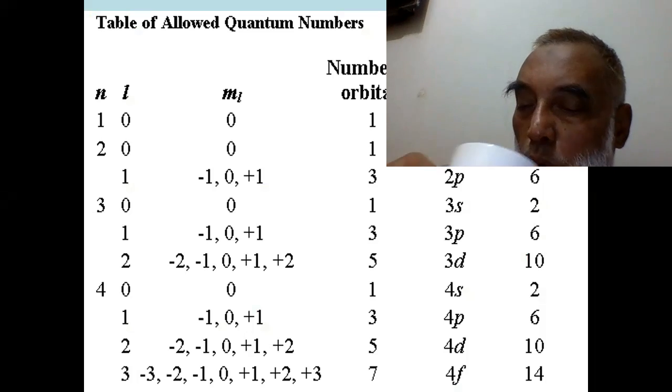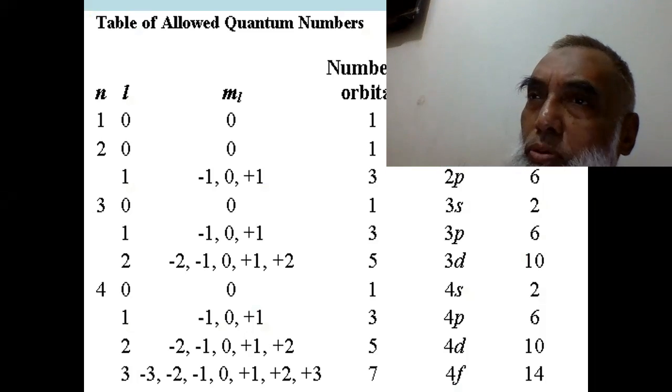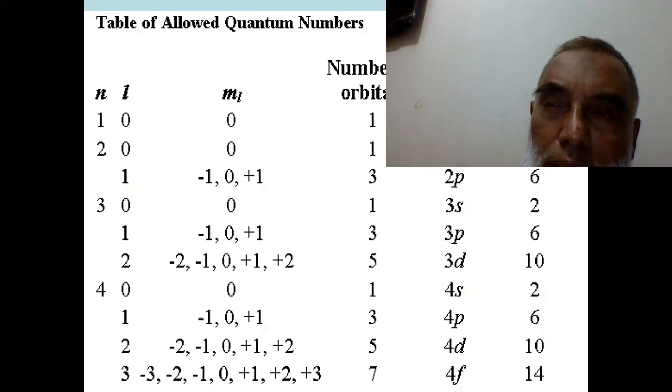And the number of electrons in its outermost shell represents its group number.